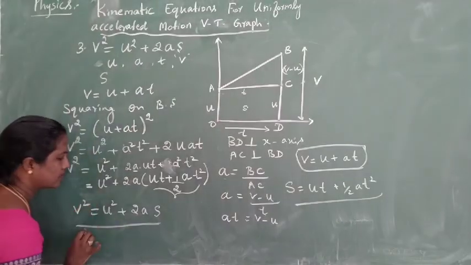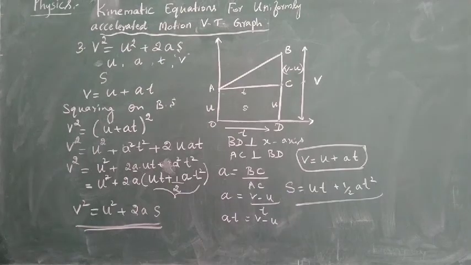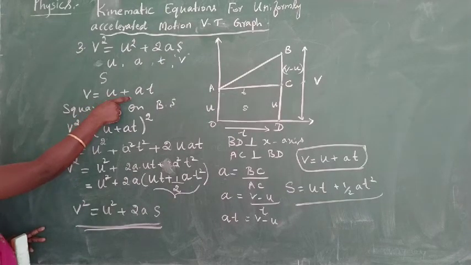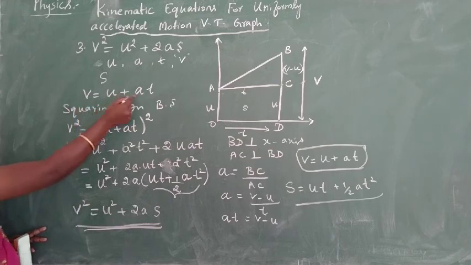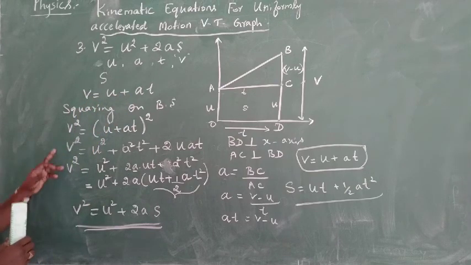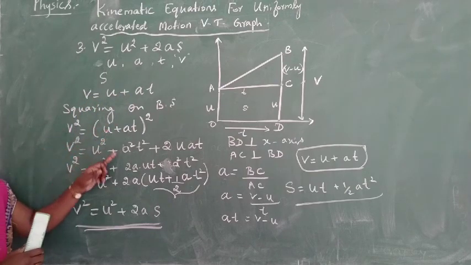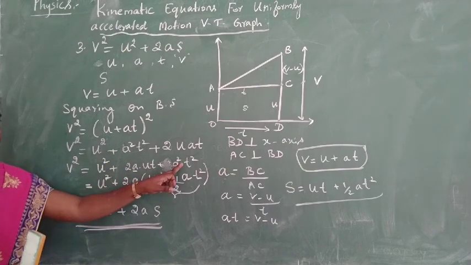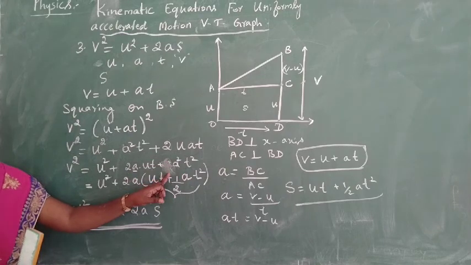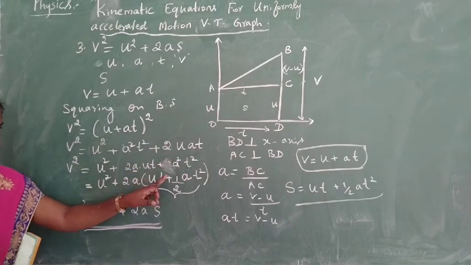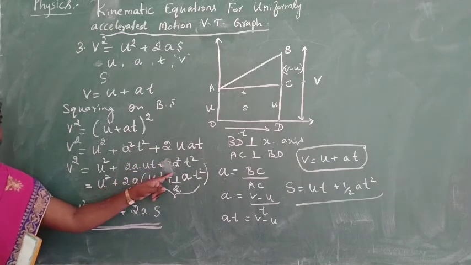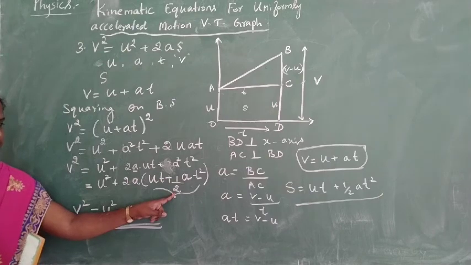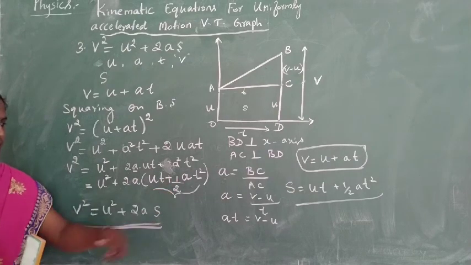In this way we can also derive the third equation by taking the first equation of motion, that is v equal to u plus at. Squaring on both sides, we expand using the mathematical formula. Then in place of a square t square we can write 2 by 2; 2 comes outside, then 1 by 2 remains as a factor, 1 by 2 a square t square.